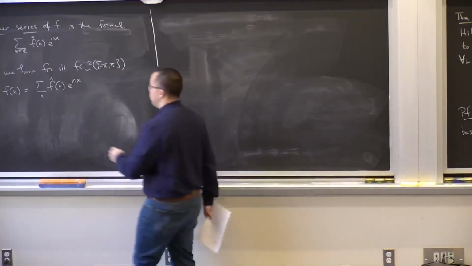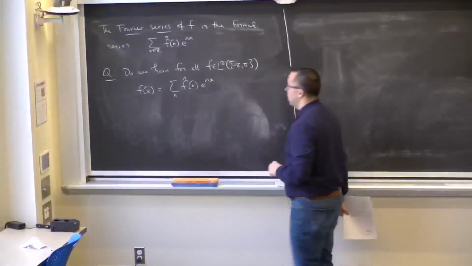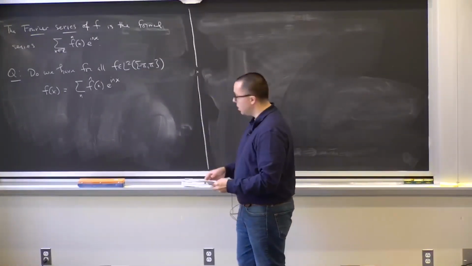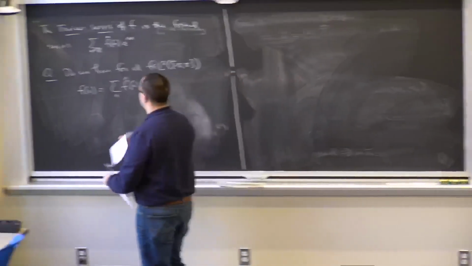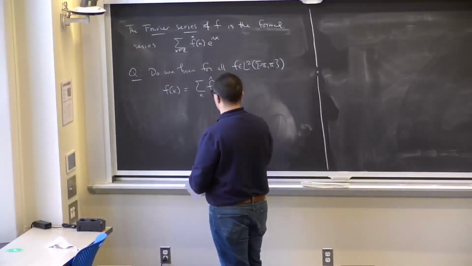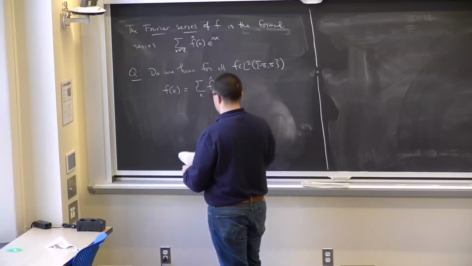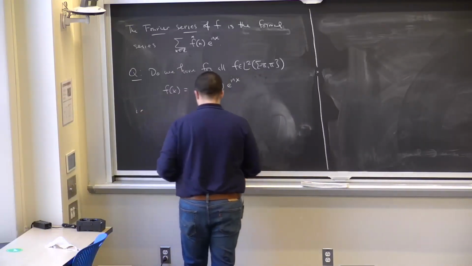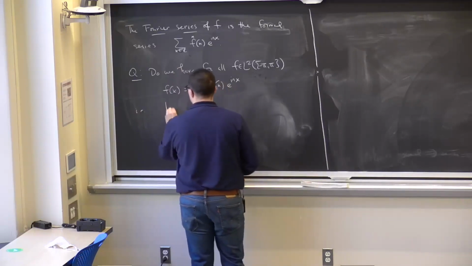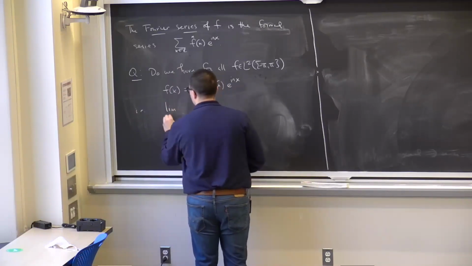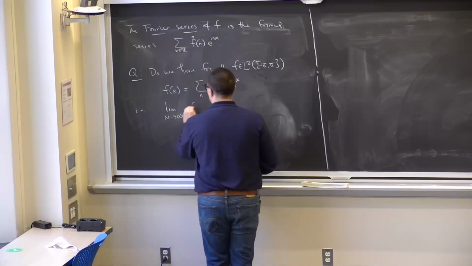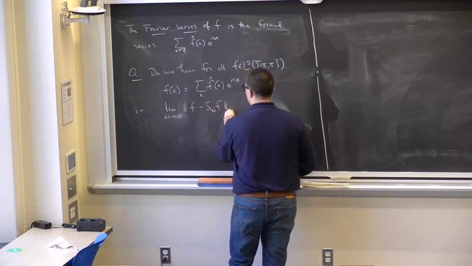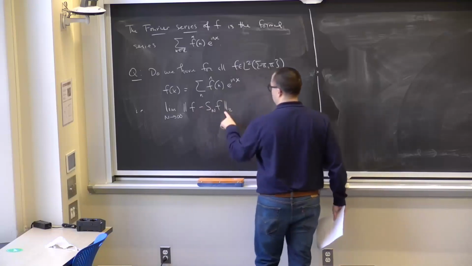This is an infinite sum, so I should be talking about in what sense this series is converging, and I mean in the sense of the space that we're asking this question in, L2. That is, do I have that the partial sums converge to f in the L2 norm?